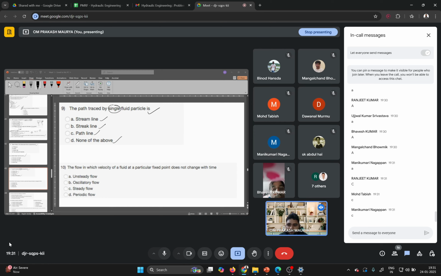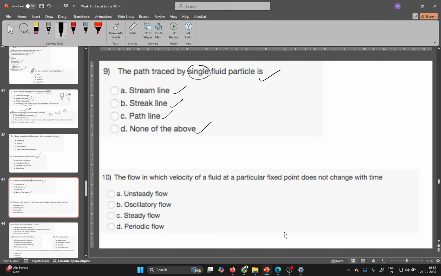Maybe this question is not needed here because it is related to fluid kinematics, but okay, I'll discuss streamline, streak line, and the path line. Definitely it will be the path line, but for a few students I want to discuss what a path line is. First I want to discuss the path line.